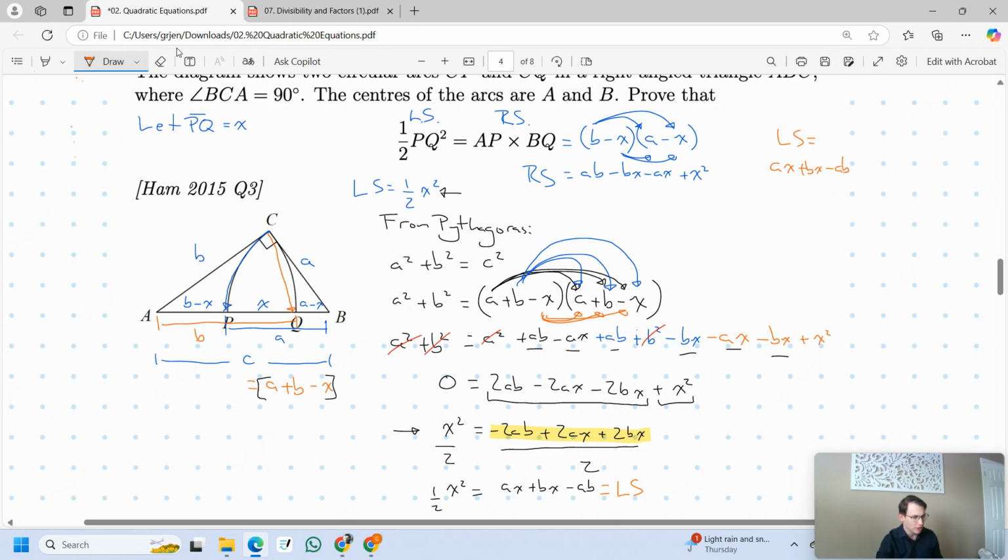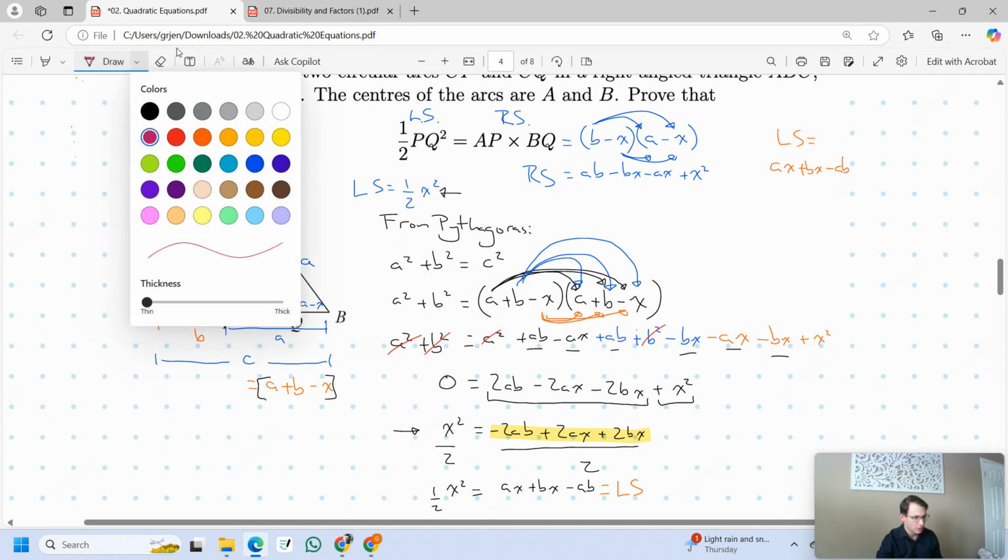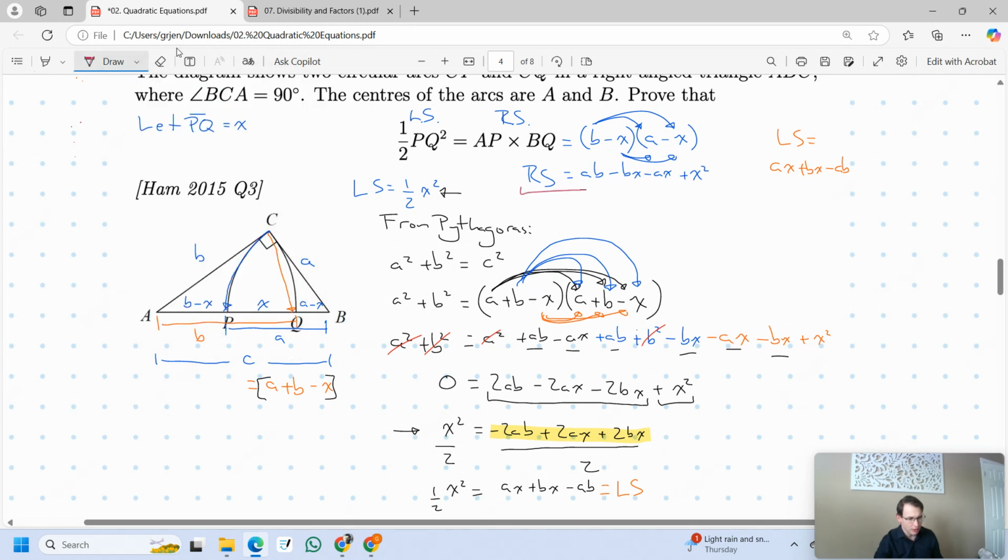Okay, now let's work on the right side. The right side here equals AB minus BX minus AX plus X squared. This one here. Okay, because that's X squared, this equation.